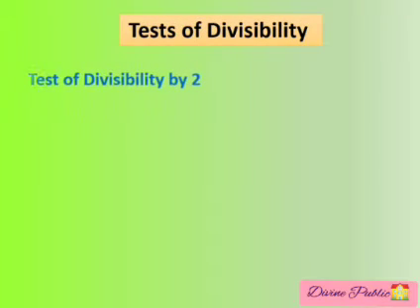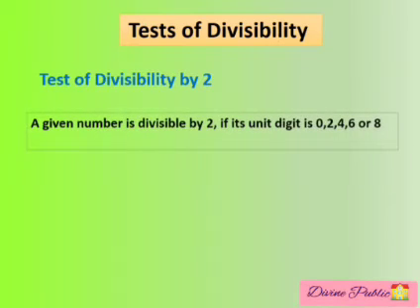Test of divisibility by 2. A given number is divisible by 2 if its unit digit is 0, 2, 4, 6 or 8.